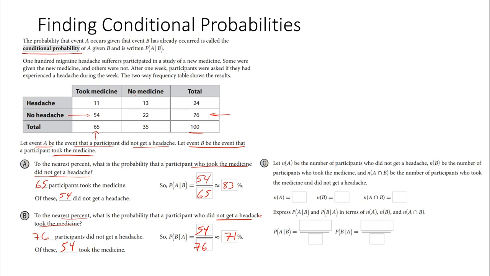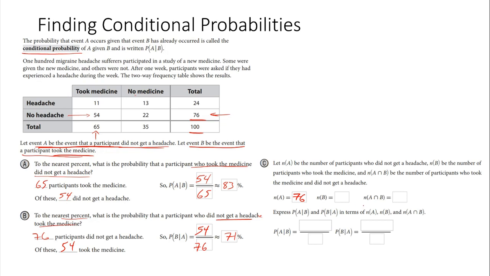Then let's talk about C. The numbers in each event. Event A is the participants who did not get a headache. So how many people did not get a headache? We got 76 people. Event B is the event that participants took meds. How many people took medication?